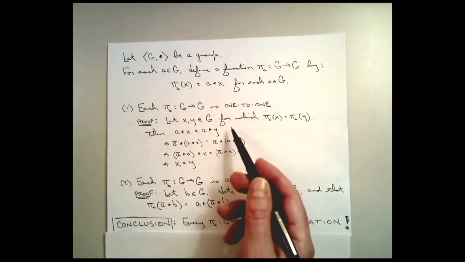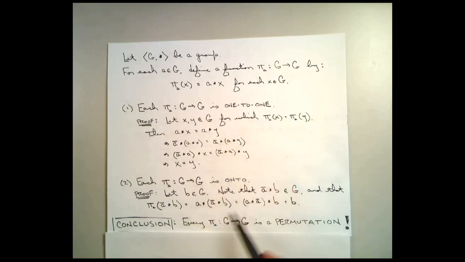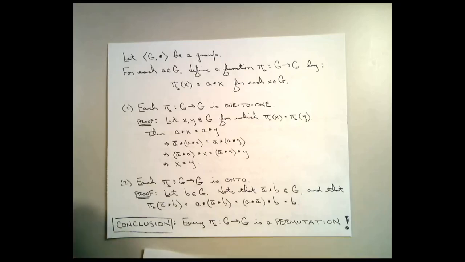The first part said pi sub A is 1-to-1. The second part said pi sub A is onto. That tells me that every one of these is going to be a permutation. Well, we're well on our way here because keep in mind what our goal is.